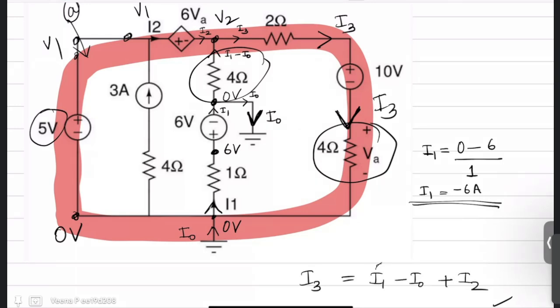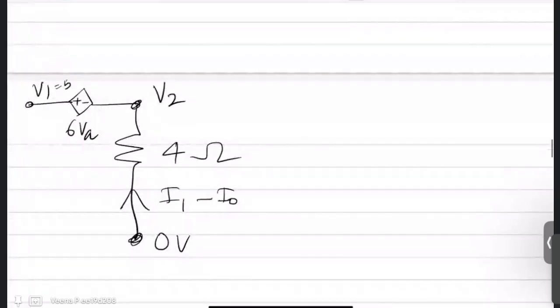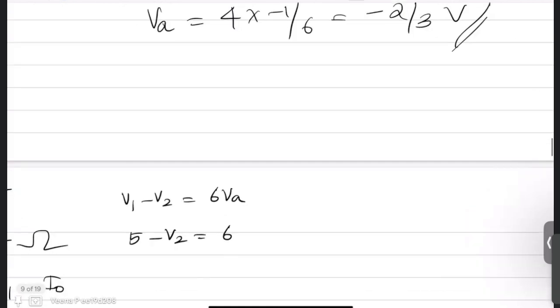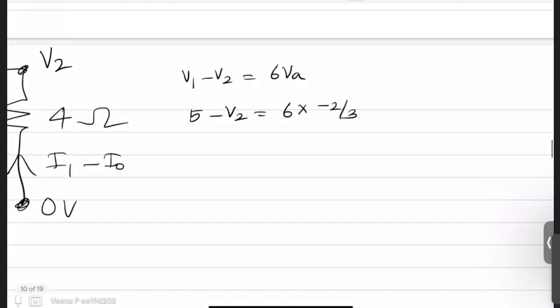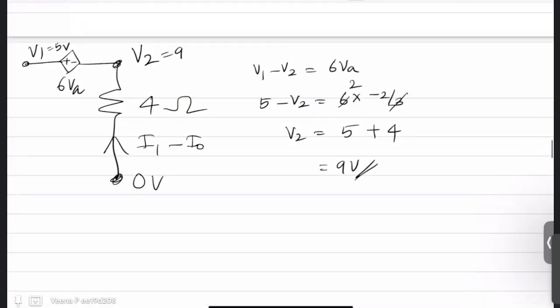So, V1 is 5 volts. So, V1 minus V2 is 6 VA. So, 5 minus V2 is 6 times VA, which you already found, minus 2 by 3. So, your V2 becomes 5 plus 4. So, your V2 is 9 volts.